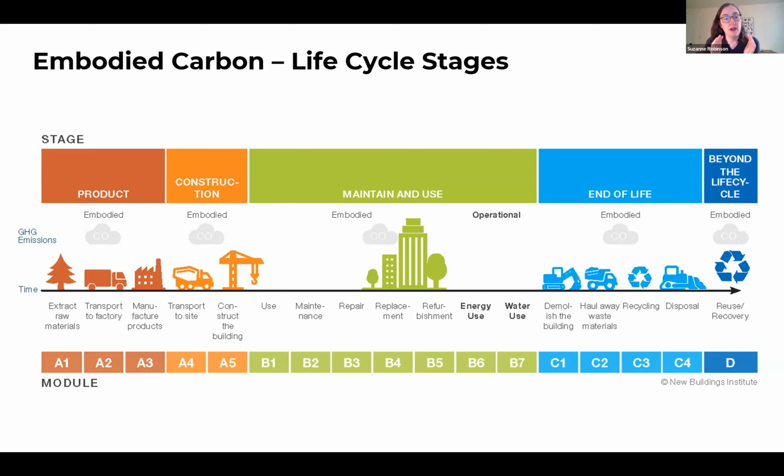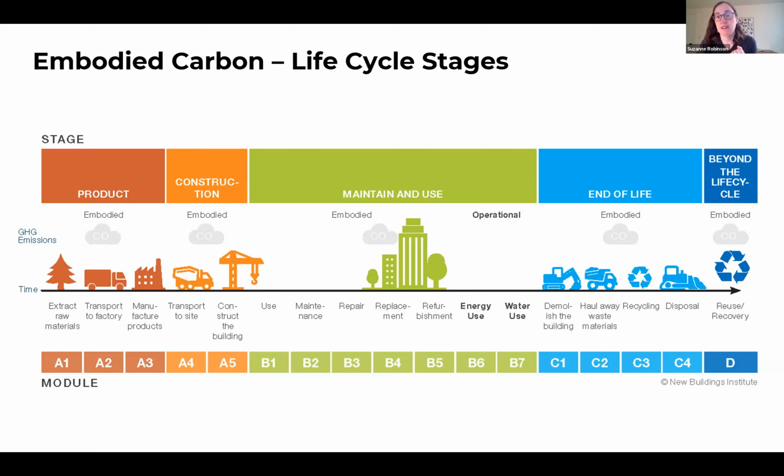Then we have module B, which is really taking a look at the life of the materials in the building. This has to do with maintenance and repair. You'll see in here there's also the operational carbon, B6 and B7, and then end of life.